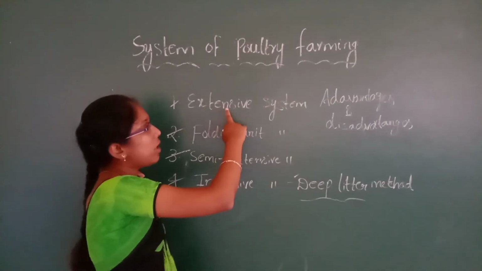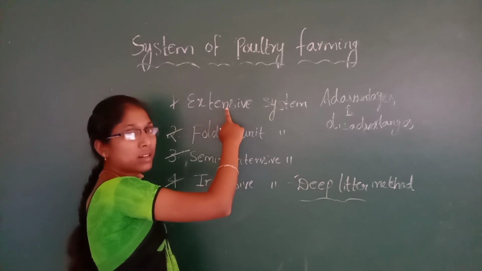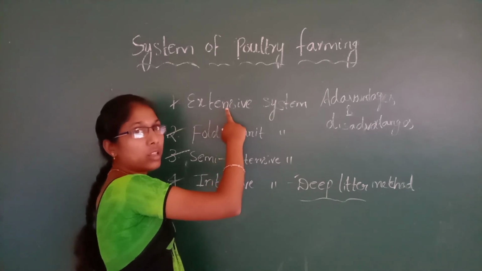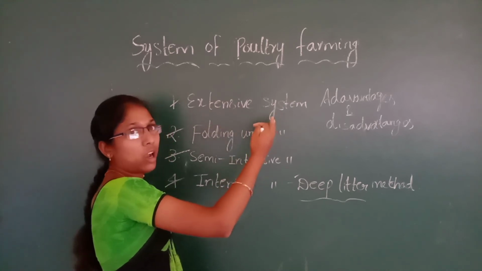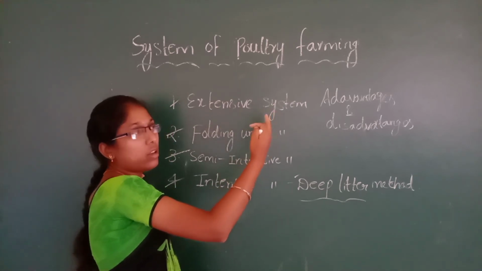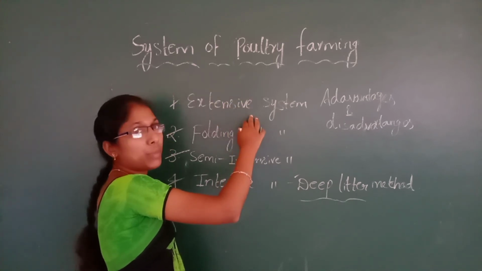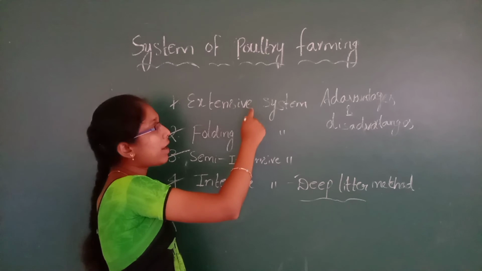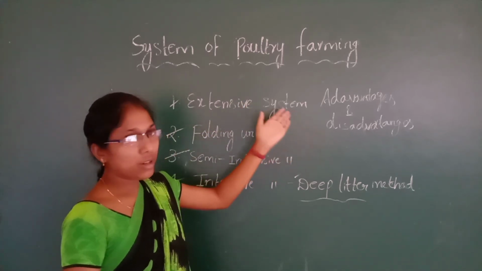In the extensive system, the birds are reared in an open and unrestricted area. They eat whatever food is available in the surroundings, and we cannot protect them from predators and infectious diseases. They have good climatic conditions and some advantages and disadvantages.